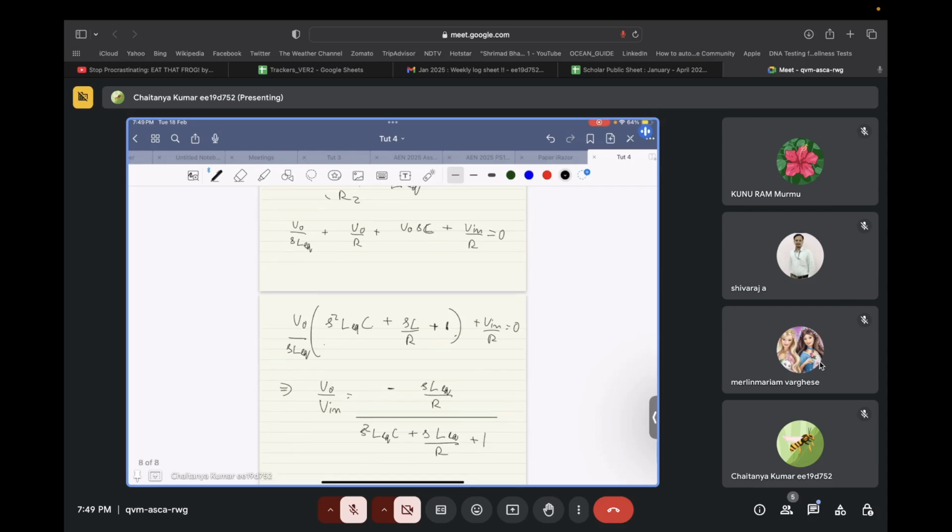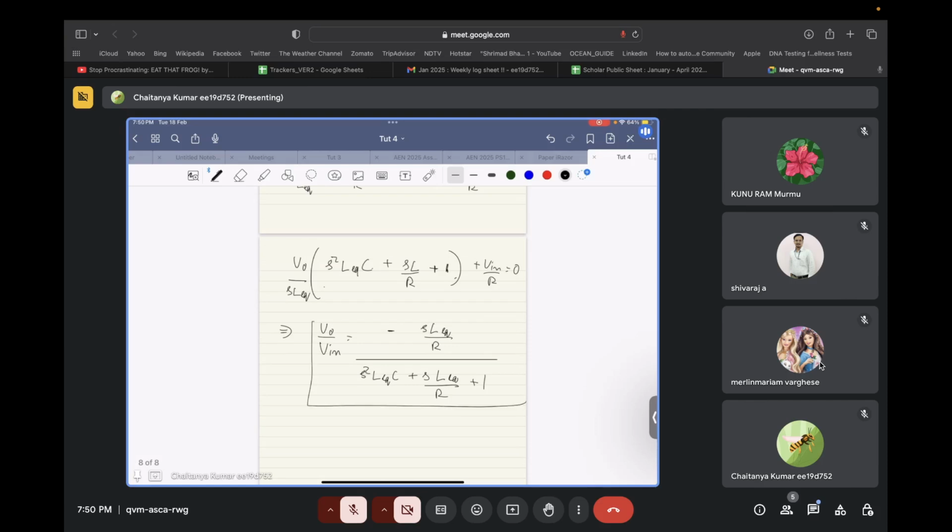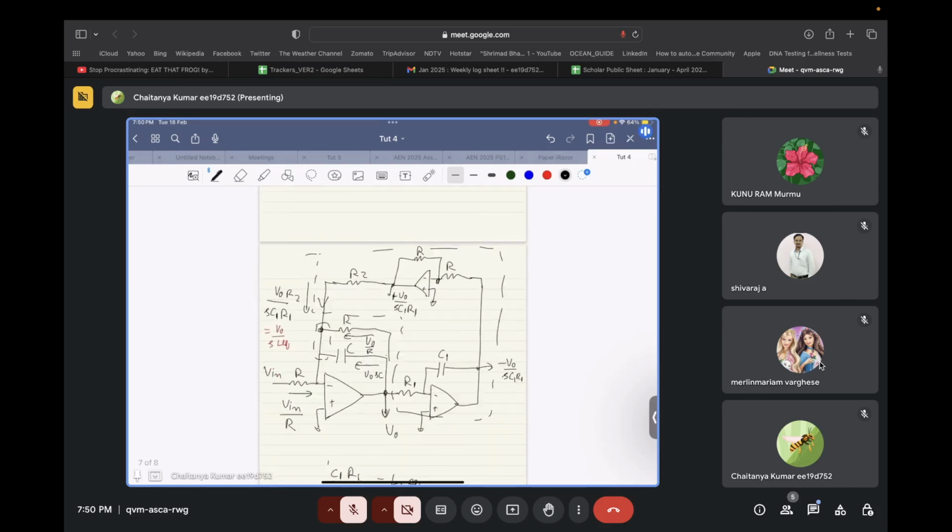Okay. So here you can see that the band pass filter that you got with an inductor can also be made by emulating the inductor using some combination of active RC circuits, right?